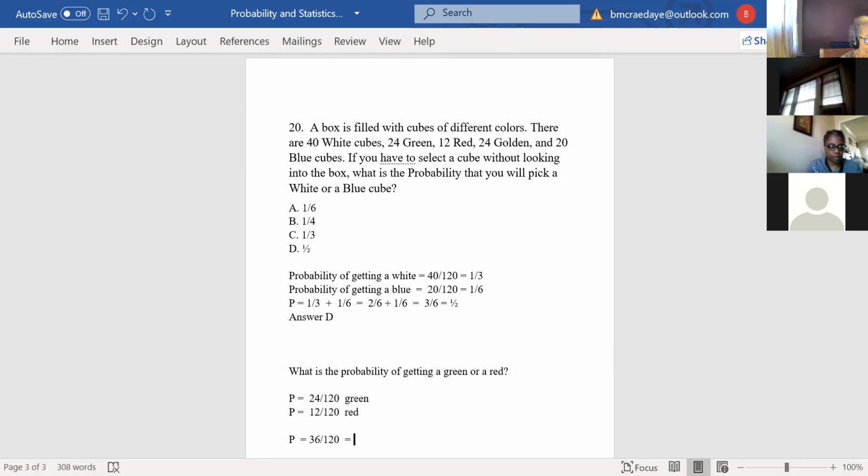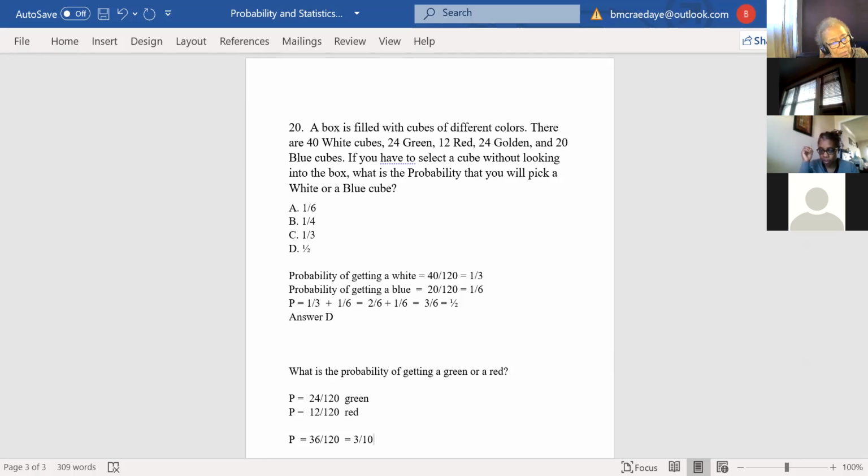You divide it by 12, right? 12 into 36 is 3 times, and 12 into 120 is 10 times. That's your least common denominator.